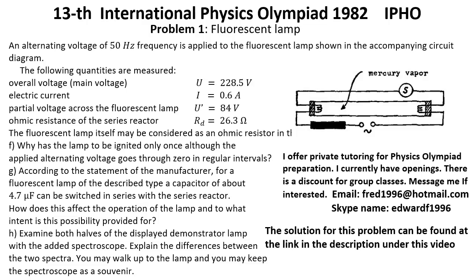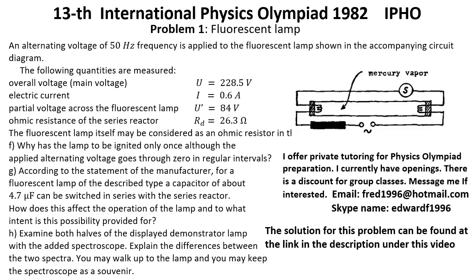Question G. According to the statement of the manufacturer, for a fluorescent lamp of the described type, a capacitor of about 4.7 microfarad can be switched in series with the series reactor. How does this affect the operation of the lamp, and to what intent is this possibility provided for?